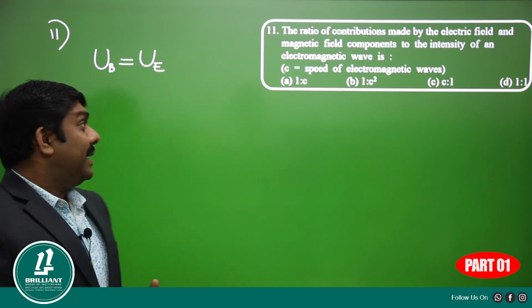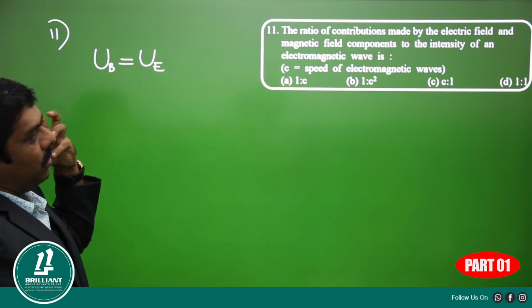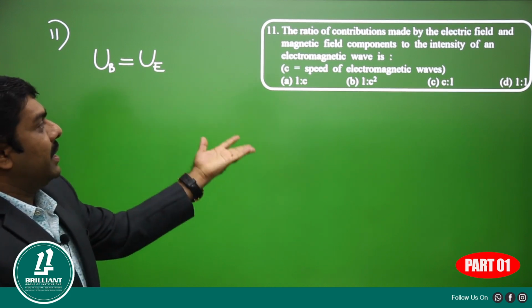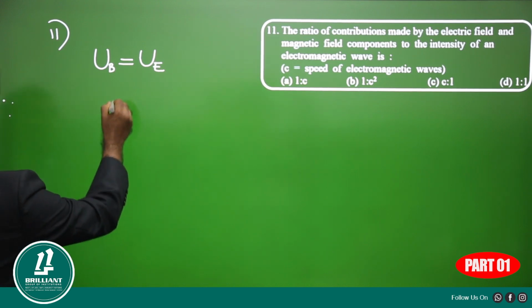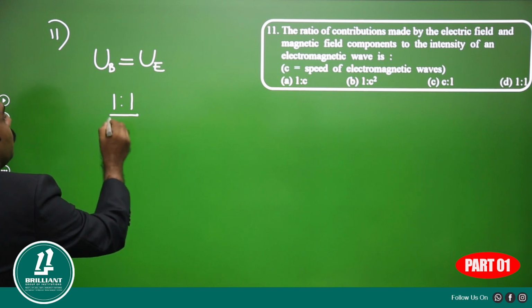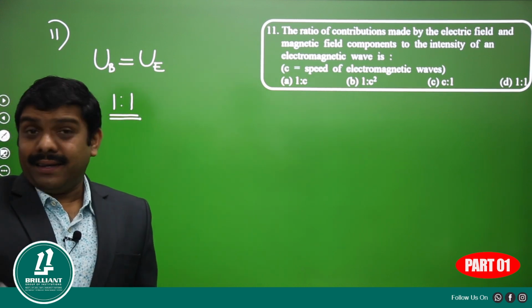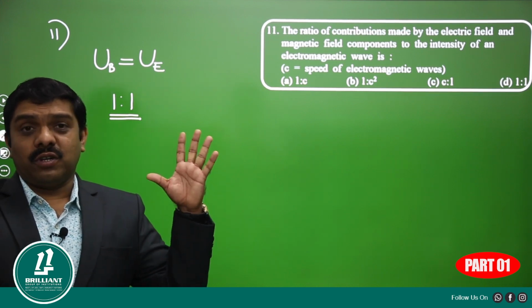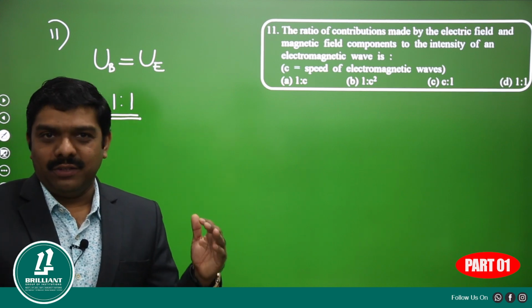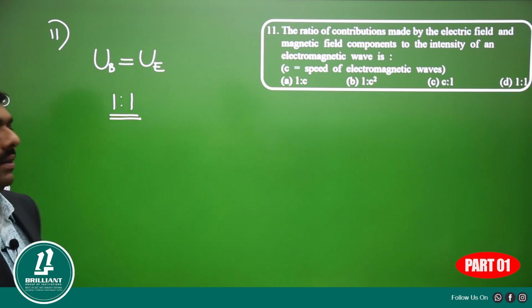So the ratio of the contribution of electric field and magnetic field to the intensity of the electromagnetic wave remains the same, that is 1:1. The energy density of electric field and the energy density of magnetic field in an EM wave remain the same. So if an electromagnetic wave has 100 joule energy, 50 joule is in electric field and 50 joule is in magnetic field. So the ratio will be 1:1.